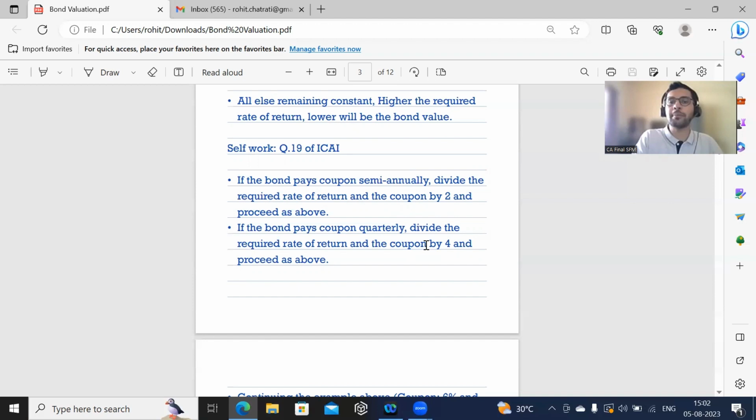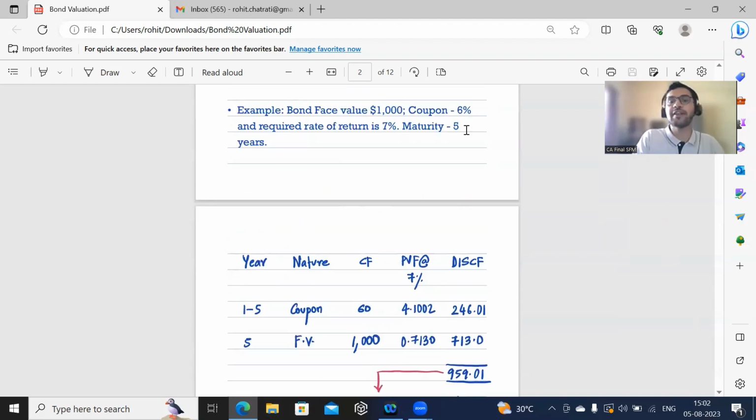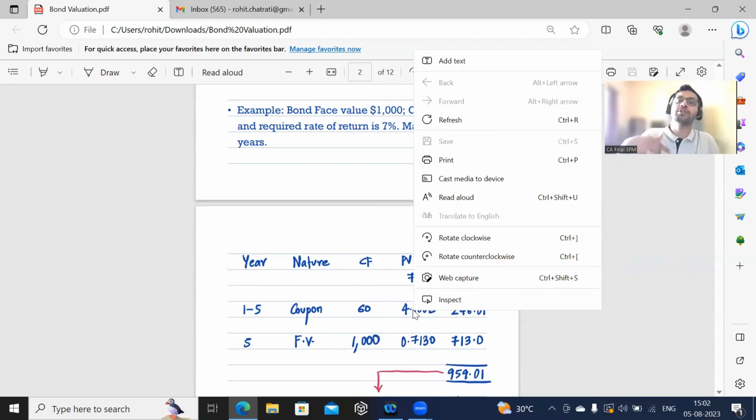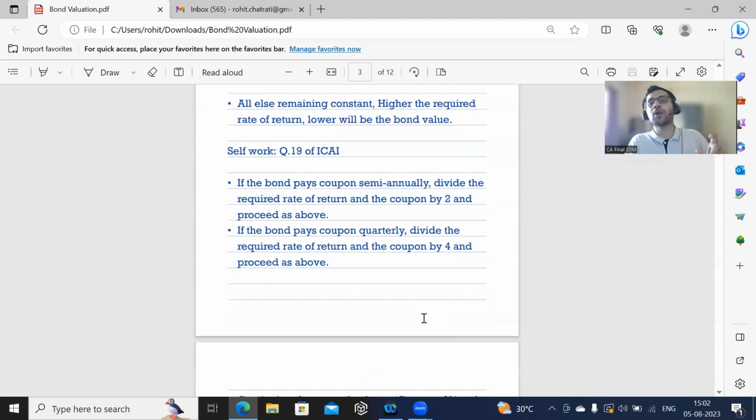Your annuity will then be for 20 periods, 5 into 4, and you'll have to calculate the present value factor at 1.75 percent for 20 periods. That is how you would do it in case you have a bond which pays coupon semi-annually or on a quarterly basis.